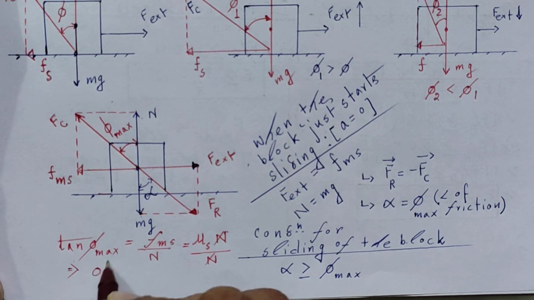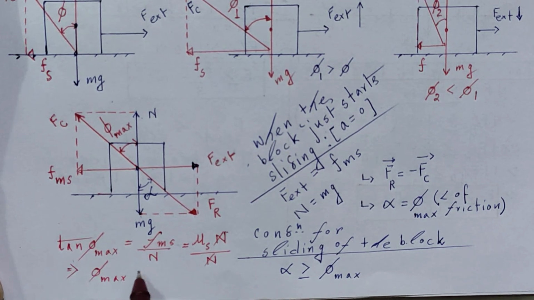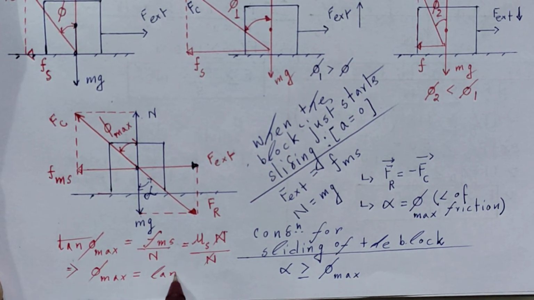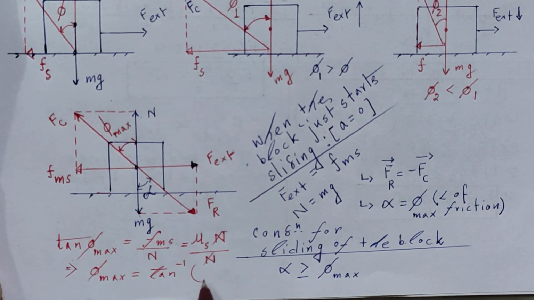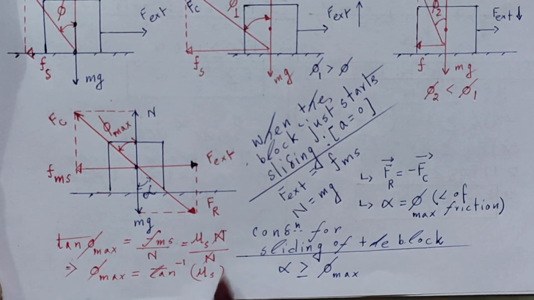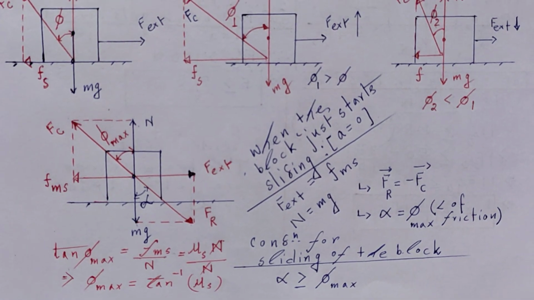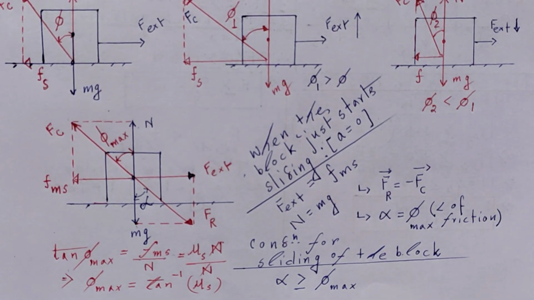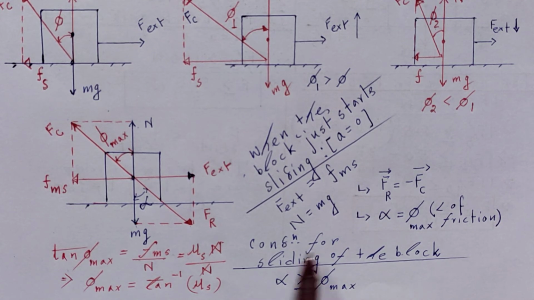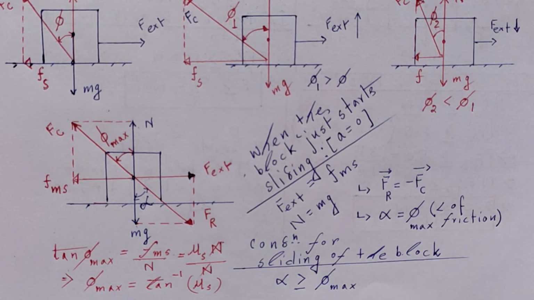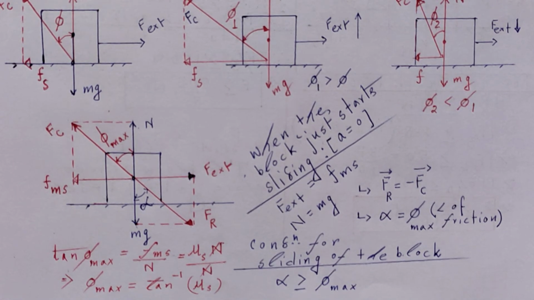So basically you get phi max is equal to tan inverse mu s. And mu s is the coefficient of static friction. So in order that this particular block slides on the floor, what condition has to be satisfied? Alpha greater than or equal to phi max. And phi max is the angle of friction.